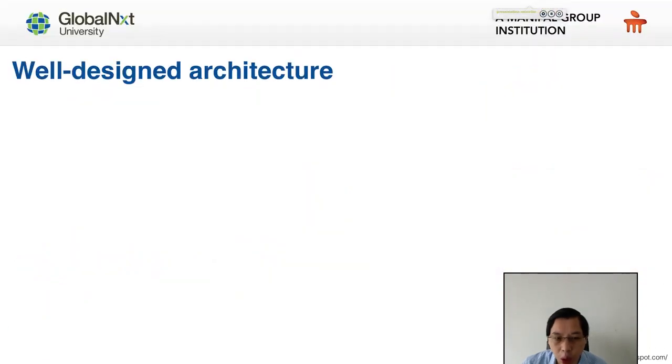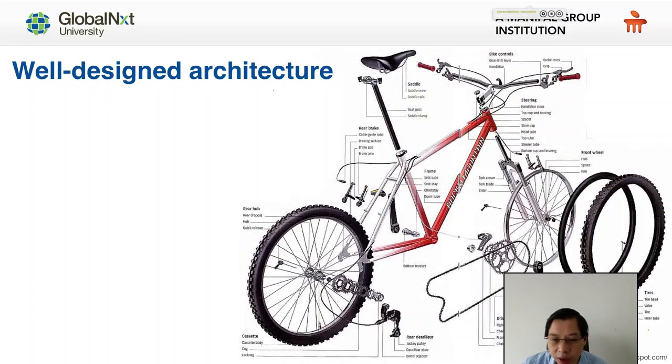So if we think about well-designed architecture, this is probably a good example of that. If you look at a modern bicycle, you can actually take out the components and replace them with newer components, upgrade the components, and you can almost do that with any element of a bike.